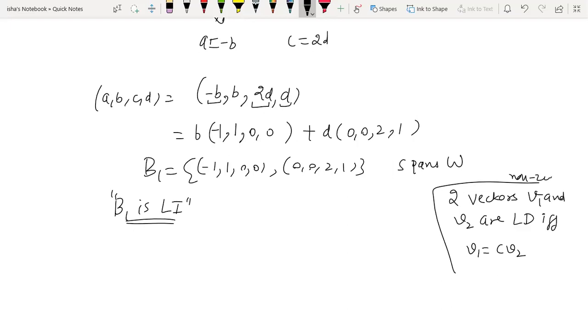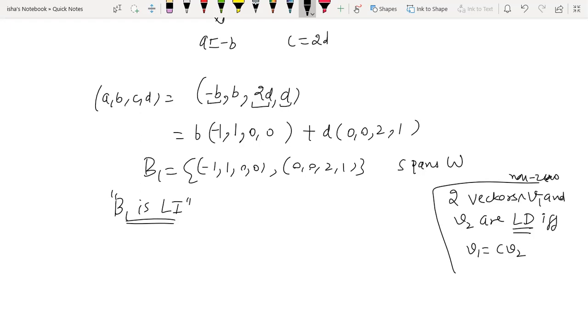Obviously, we are talking about non-zero vectors. This concept is similar to what we taught you for differential equation solutions. So here it's easy. You see (0, 0, 2, 1) is not a scalar multiple of (-1, 1, 0, 0). So they are clearly linearly independent.